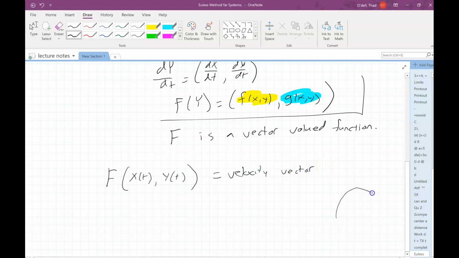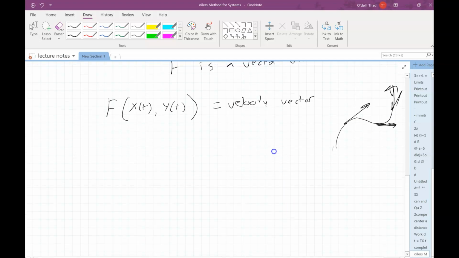Because if we're following this path and at any point we stop and say, well, that is my F of x comma y, and that is my F of x comma y, because they're just vectors, that would be a velocity vector. If we have a particle that's moving along this path, that would be the velocity of that particle. So for Euler's method, what we're going to do is basically use these velocity vectors to calculate the next point.